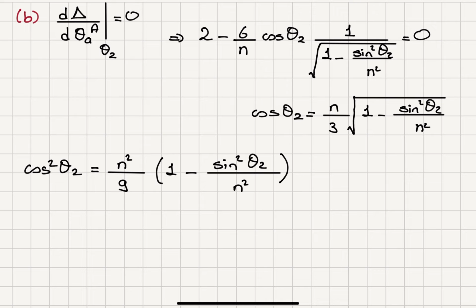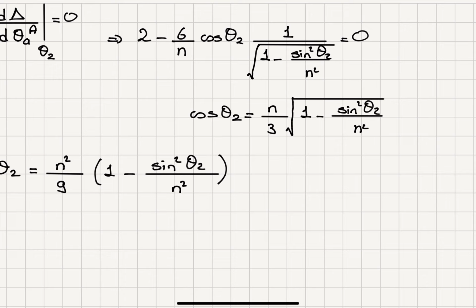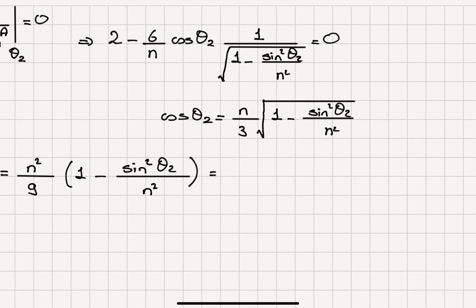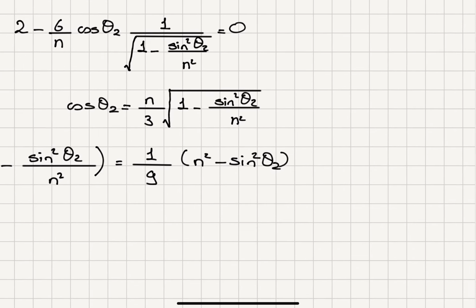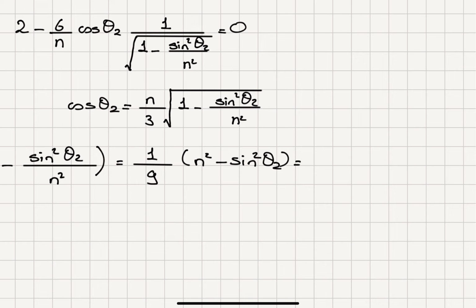And if I take n square inside the parentheses, this is going to be 1 over 9 times n squared minus sine squared theta 2, which is 1 over 9. Now I'm going to write sine square in terms of cosine square.